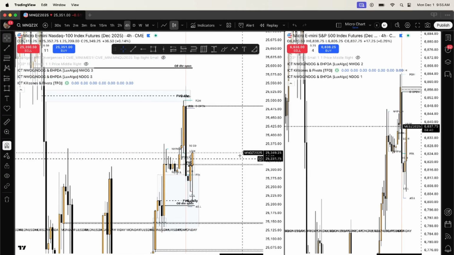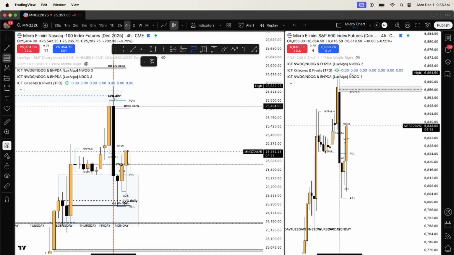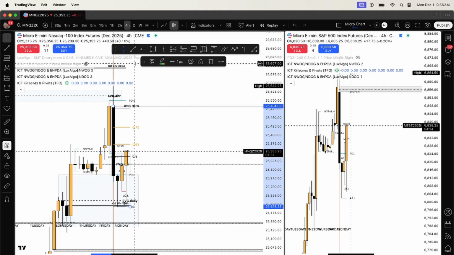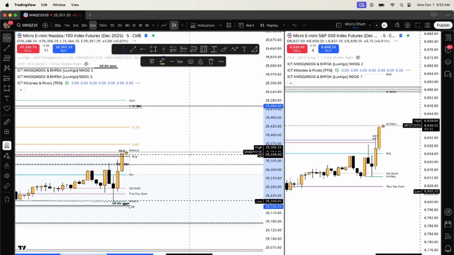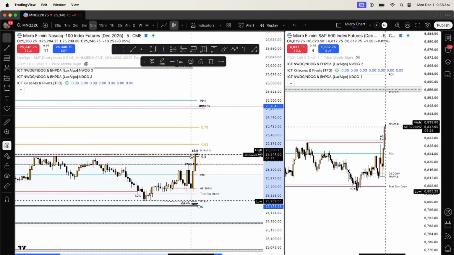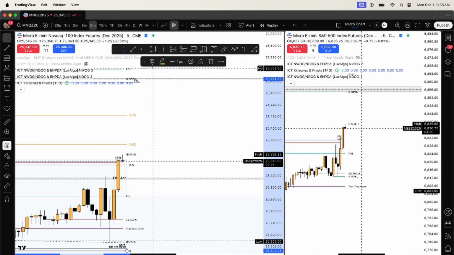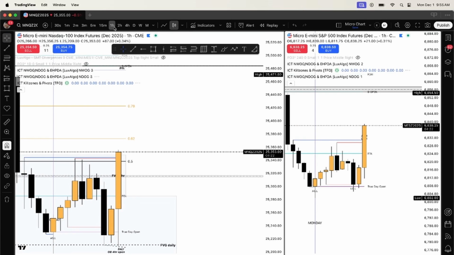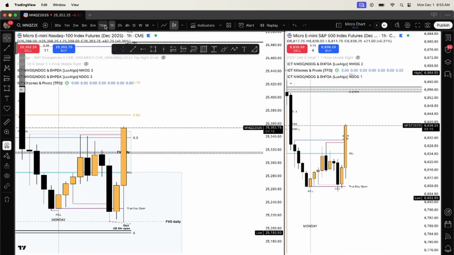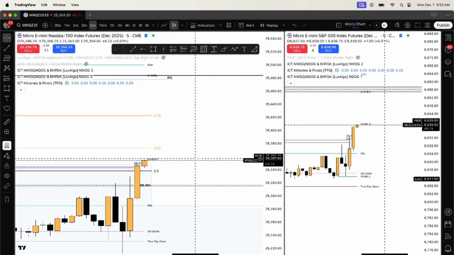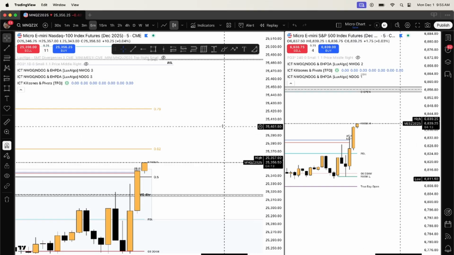Of course, I'm gonna mark out equilibrium of this range because we are definitely at equilibrium. But we're gonna wait till 10 to go ahead and give us some sort of trade. See if we get some sort of entry off of a retrace.